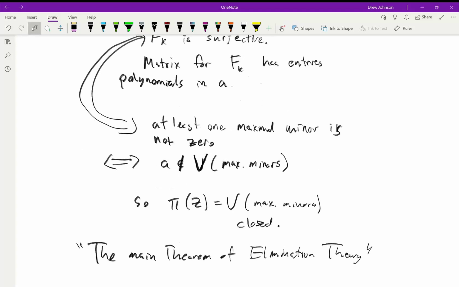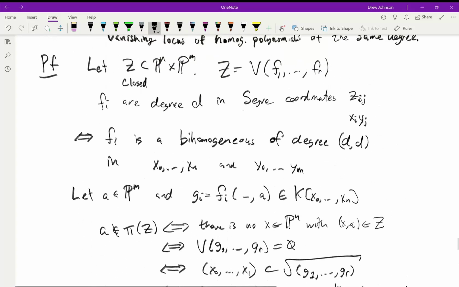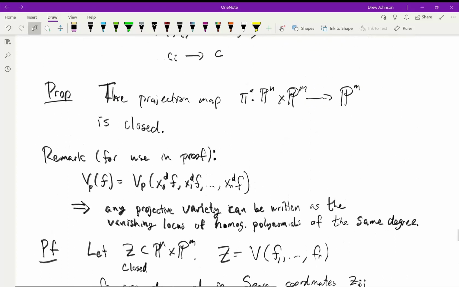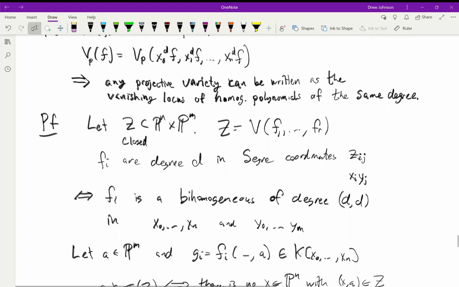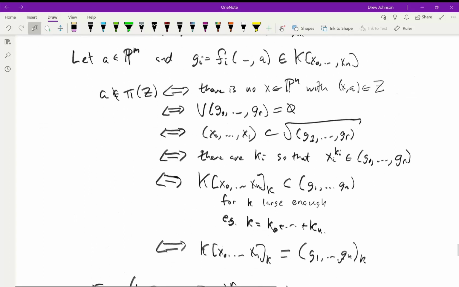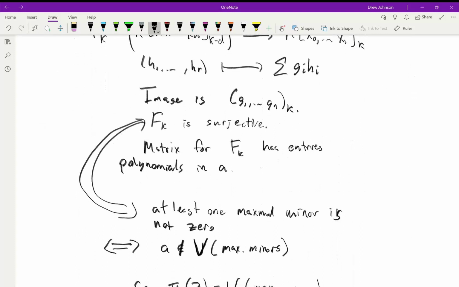This result is sometimes called the main theorem of elimination theory. So why is that? Well, you can think of it like this. We have some equations in x and y, and what we've done now is gone through and gotten some equations down here that are just equations in y that have to be satisfied, with no reference to the x's.